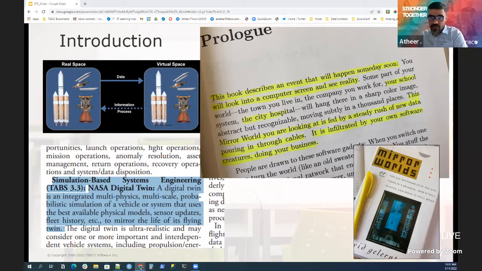And that's maybe one of the main concepts of the digital twins, using the real-time data for this system. So the digital twin is a virtual representation of a physical object or a process.